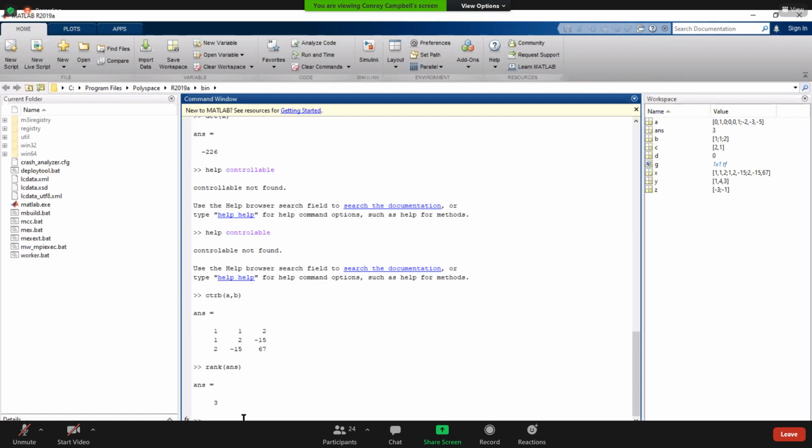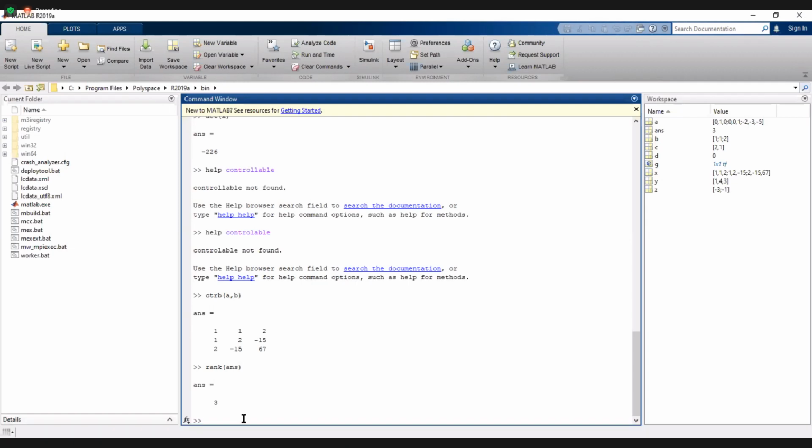Instead of typing in determinant, you can also type in the rank of the matrix. It is a 3 by 3 matrix, so the rank is supposed to be 3. That is full rank. So you have 3 distinct equations, so you can solve it for x1, x2, and x3.